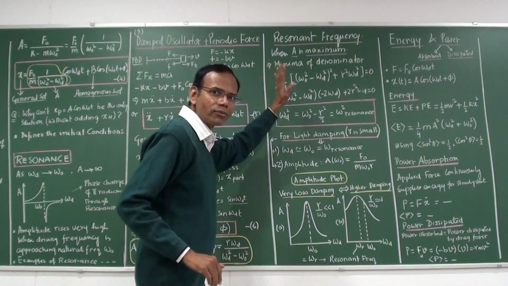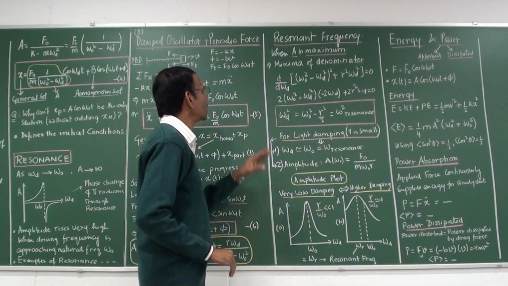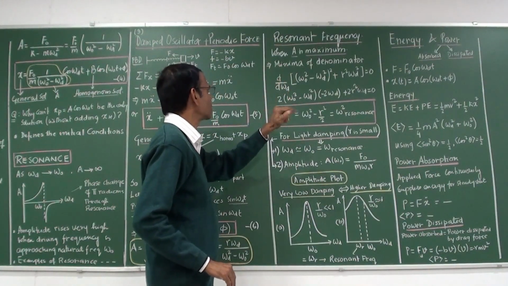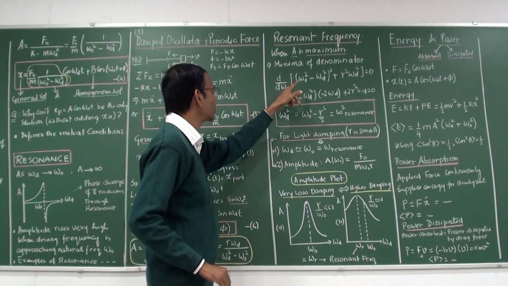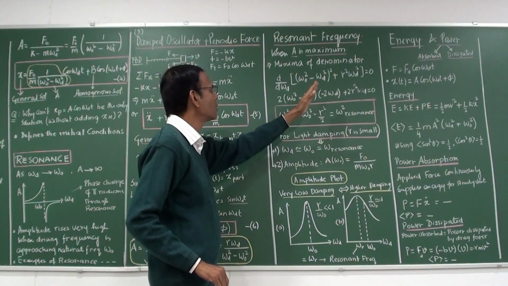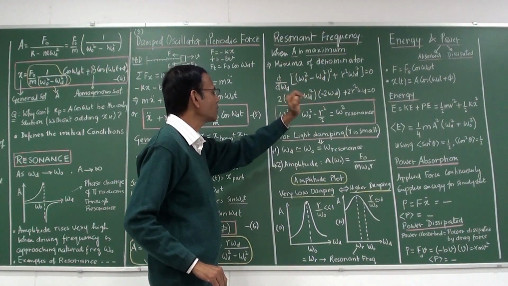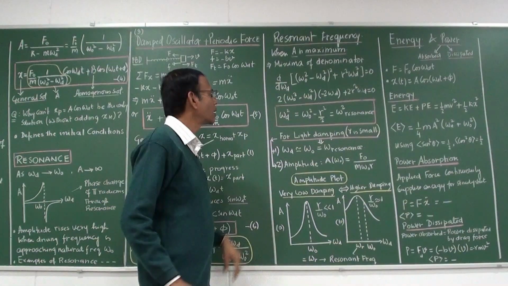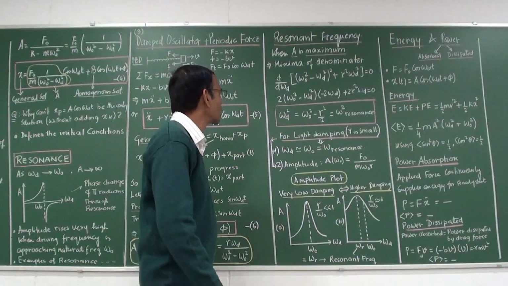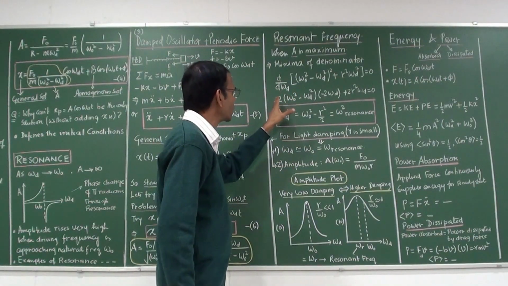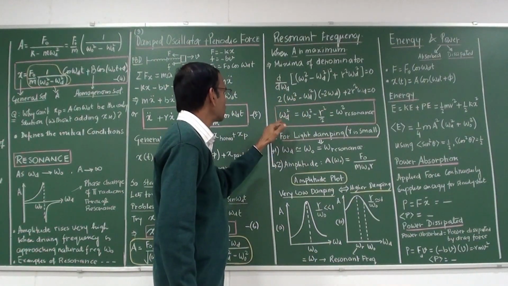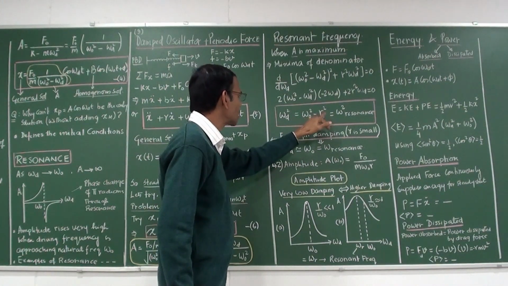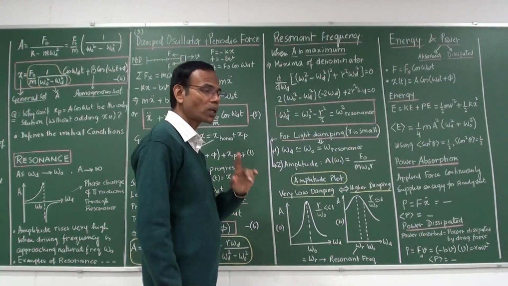That is known as the resonant frequency. Now, A is maximum at the minimum of the denominator. So d by d omega d of (omega 0 square minus omega d square) whole square plus gamma square omega d square is equal to 0. It is a straightforward maxima-minima problem. If you do it, you will get this expression: omega d square is equal to omega 0 square minus gamma square by 2, not gamma square by 4.